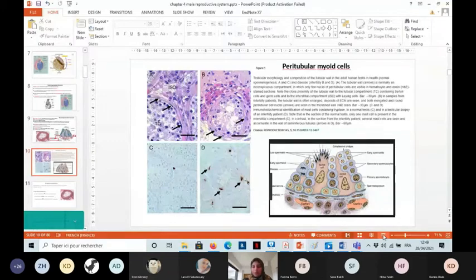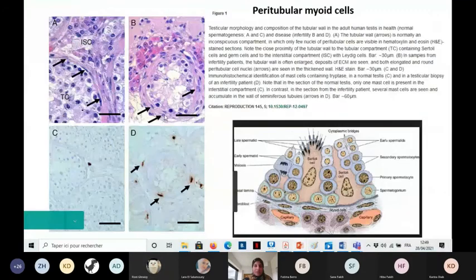Okay. I go back to chapter 4. This is a cross section of the seminiferous tubule, and this is only for you to see the basal lamina and the lamina propria, where you see the arrows, they are the peritubular or myoid cells.